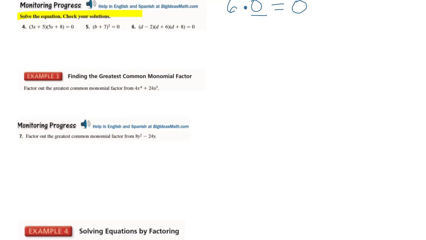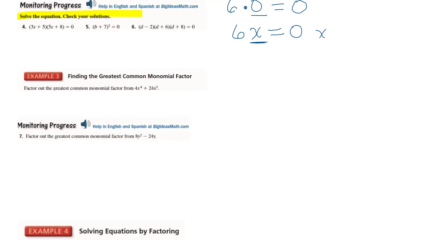So what if all you know is you took some number 6 and you multiplied it times some other number, and we don't know what it is, but you do know that the product is 0. So that tells you, because of the way 0 is, that this number x has to be 0.